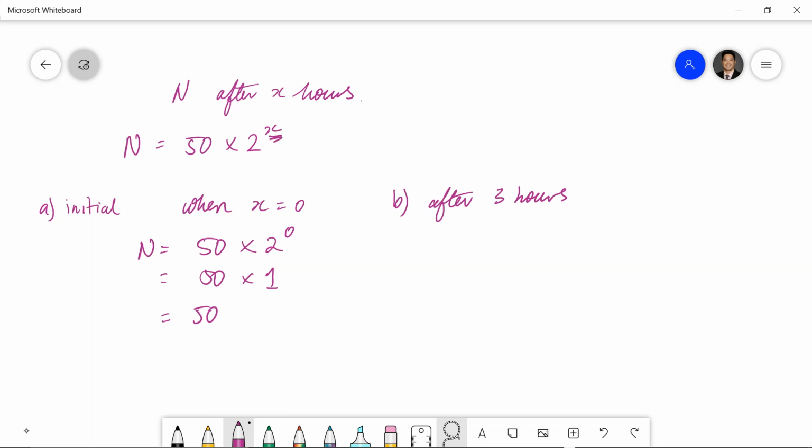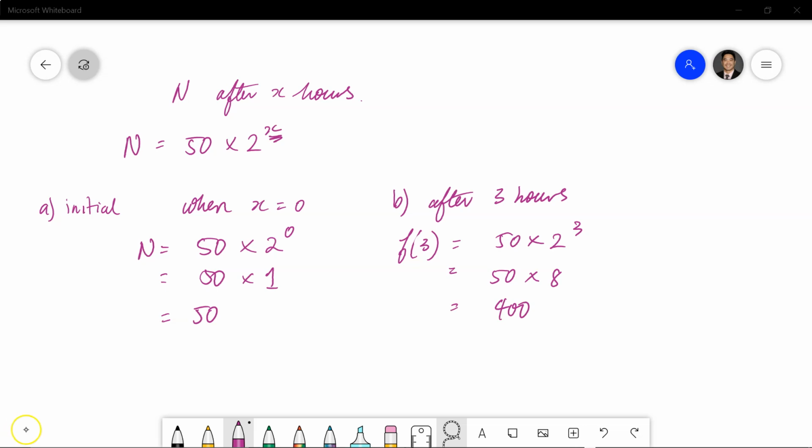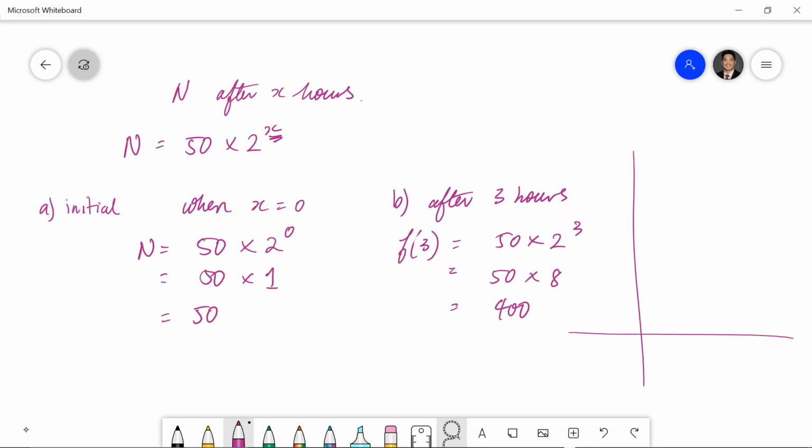If we say after 3 hours, our function is f of 3, which is 50 times 2 to the power of 3. 8 times 50 becomes 400. Now, if you were asked to graph this, here we have our x and y axis.